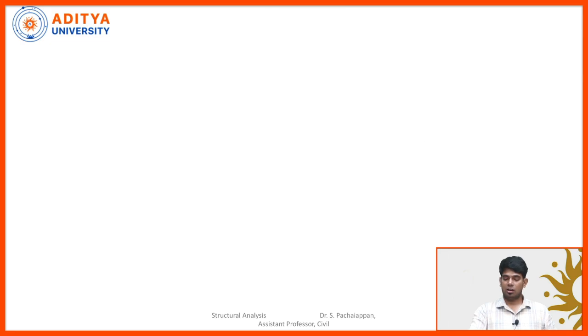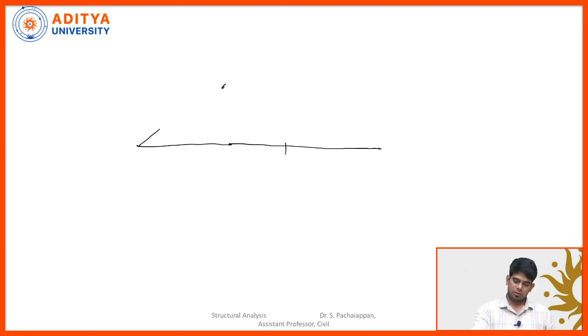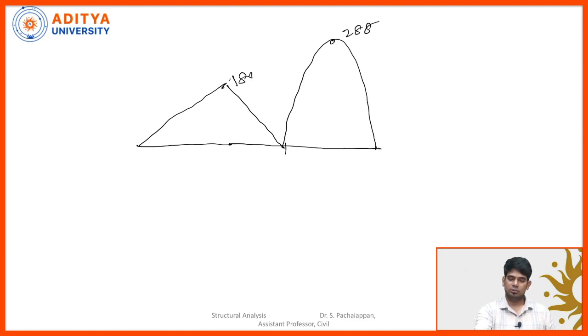Similar way, let's draw the bending moment diagram also. So already we have drawn the positive bending moment diagram due to the load. For example, this triangle's ordinate is 180, and this parabola's ordinate is 288. So these two diagrams we already calculated. What is the bending moment at the point B, which is 203.